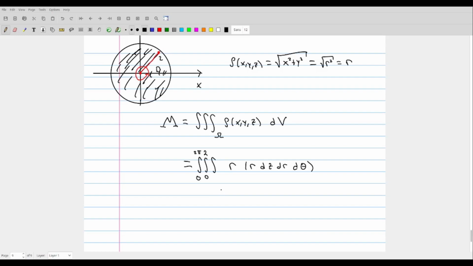And Z is the only real complicated bound. It's going from that bottom surface, which is the bottom paraboloid, or 2 times x squared plus 2 times y squared, which is 2 times r squared. And likewise, the top surface is going to be 16 minus 2 times r squared.